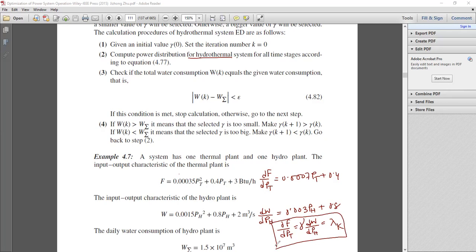So this is what we will do now. So this is what is actually done next. So what you will see, basically you will see the expression like this: 0.0007 pt plus 0.4, then that should be equals to gamma multiplied by 0.003 pH plus 0.8.